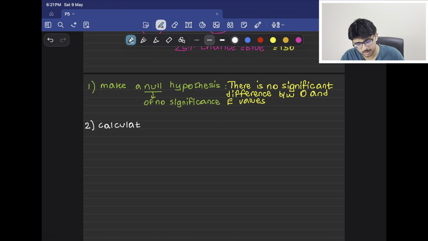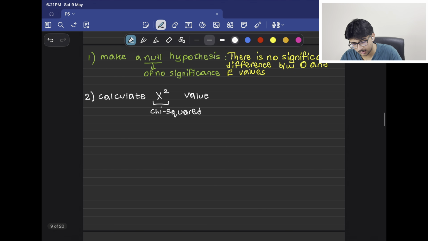Now remember Simpson's index of diversity? It was denoted by the letter D. Chi-square test, the word chi is denoted by X squared. So this basically stands for chi squared. So calculate the chi-squared value. How do we calculate that? So first, I'm going to write down the two phenotypes. That was black.